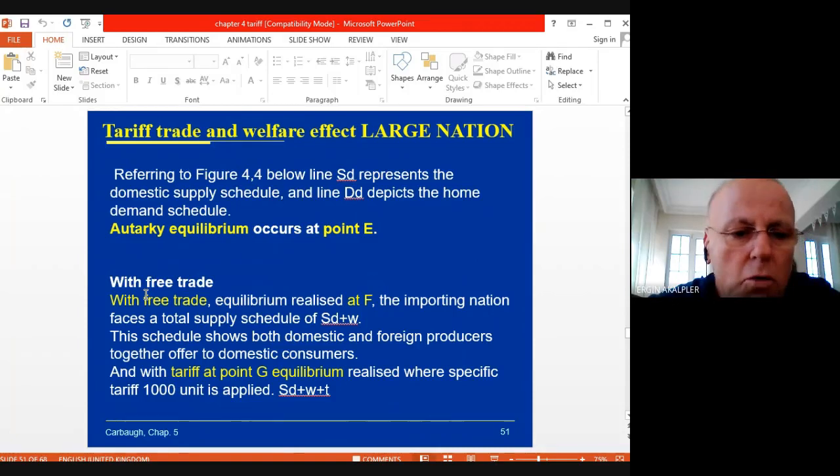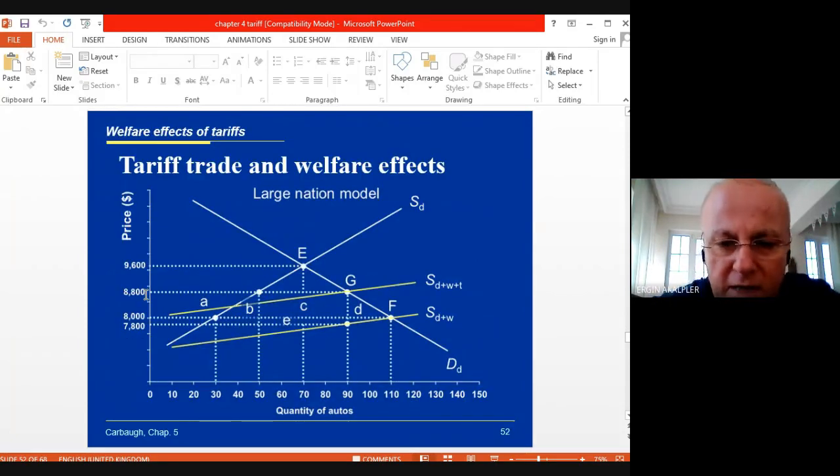Autarky equilibrium is realized at point E, as you are observing here. Again, in autarky we have E, in free trade we have F, and with intervention to the market with the tariff, the equilibrium is realized at point G.